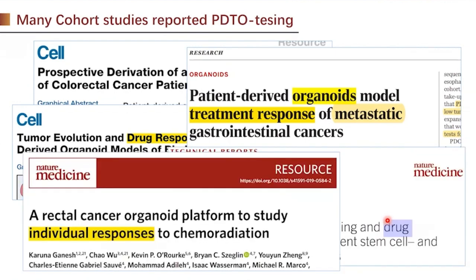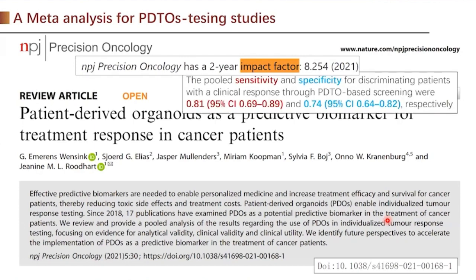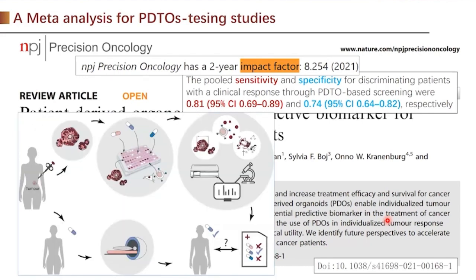Here, I would like to introduce a systematic review published in Nature Precision Oncology in 2021. This review meta-analyzed 17 trials of PDTO testing, and it concludes that the sensitivity of PDTO testing is 81% and the specificity is 74%.